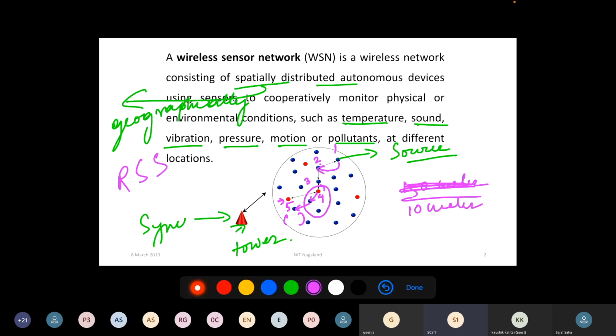you can check the signal strength and if it exceeds 39 dB, 39 dB is the threshold power received signal strength that is specified by Supreme Court.